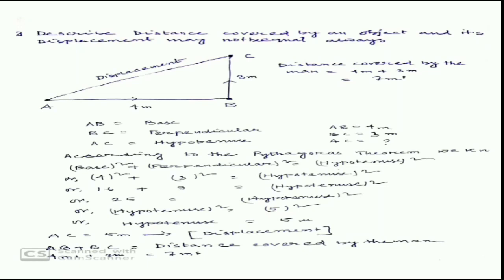So let's assume a man has travelled 4 meter to the east from the point A and reached the point B, and then he has turned left and travelled 3 meter to the north, and finally he has reached the point C. Here A is the initial position of the man and C is the final position.